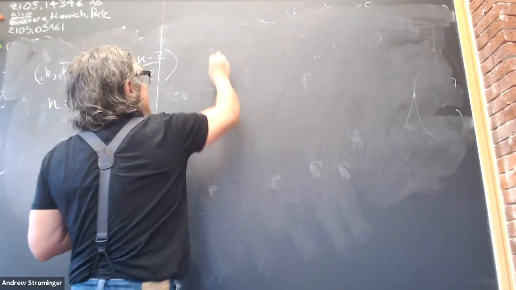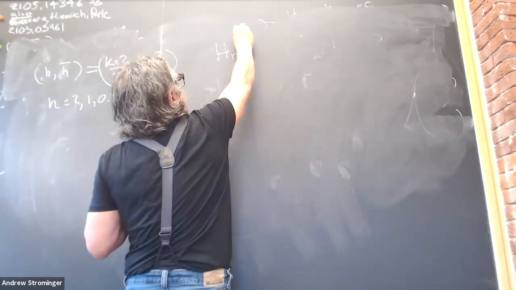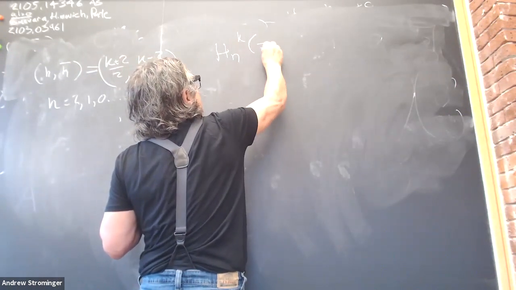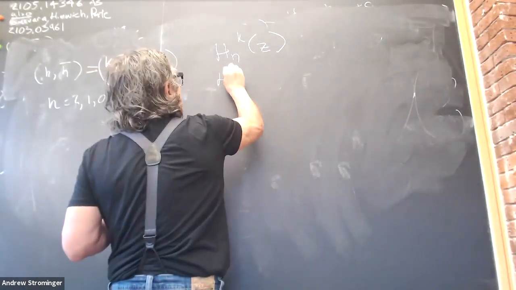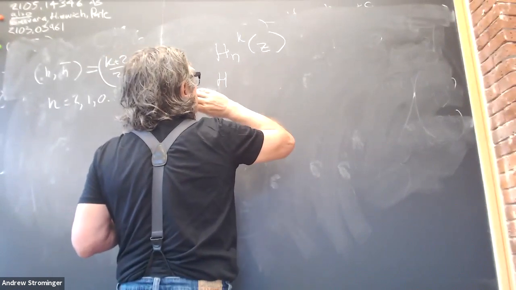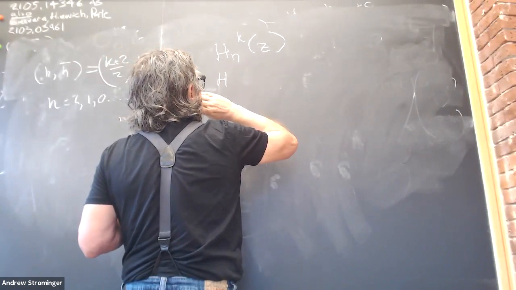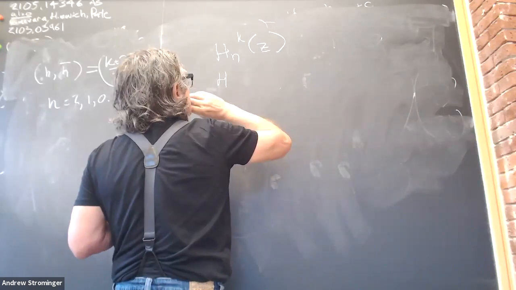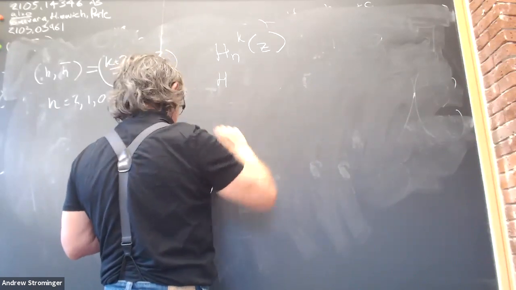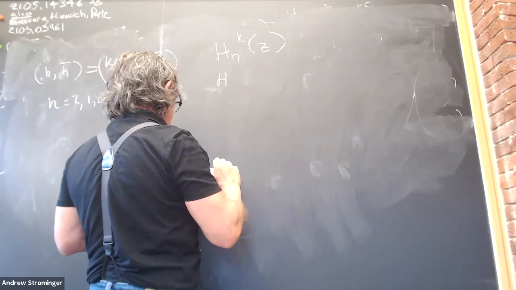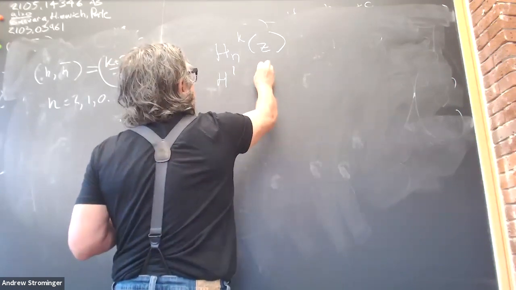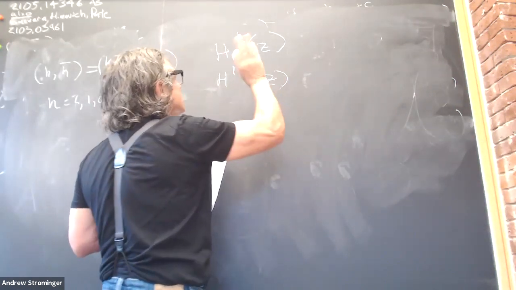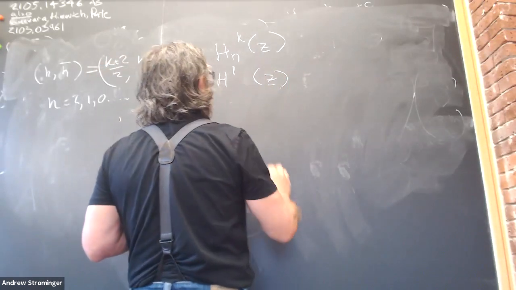And we get an infinite set of currents, H^k_n of z. The leading one, H^1 of z, let me not talk about H^2 of z, I'll come back to that if somebody asks me a question.